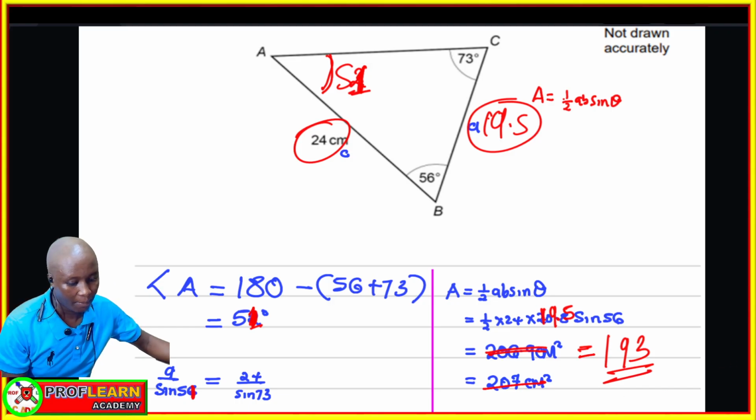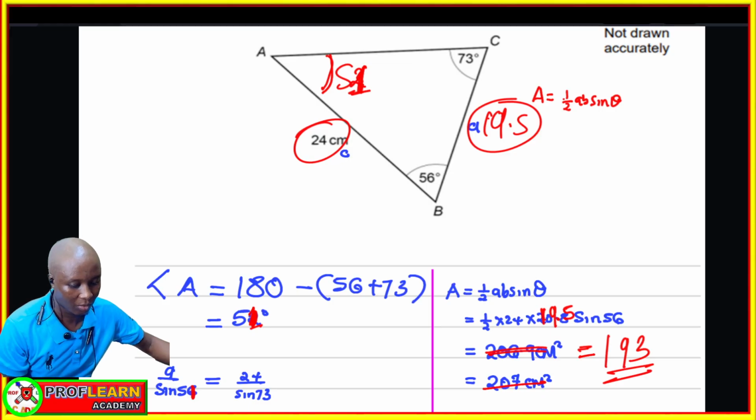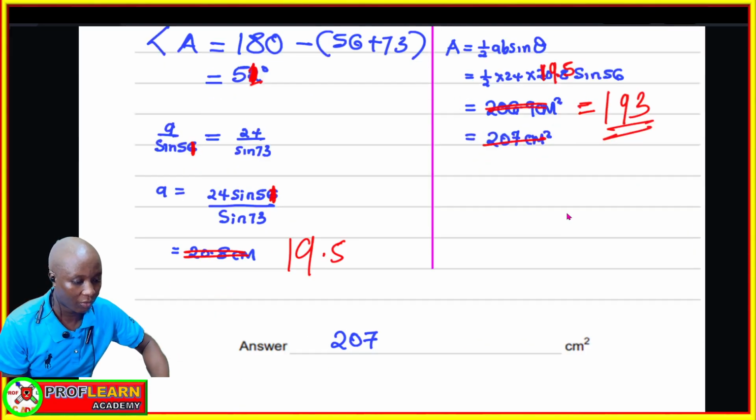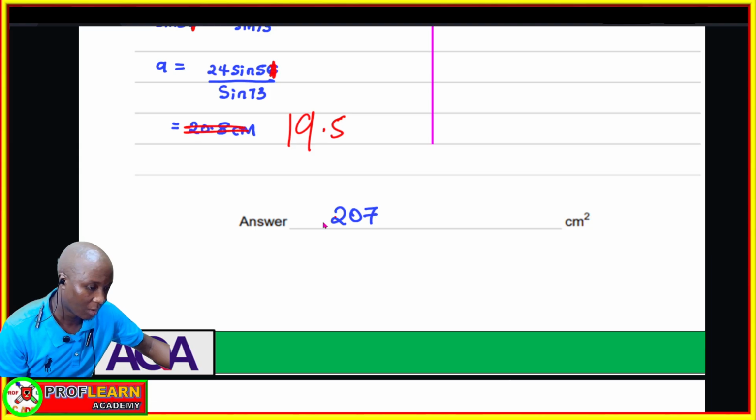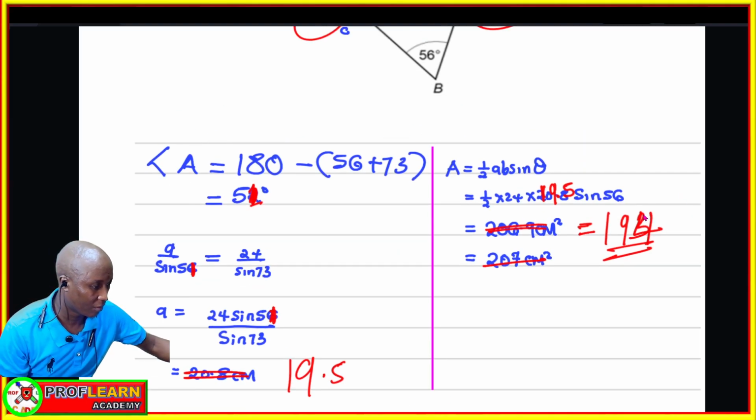So basically I think that was an error that had to be corrected, so that we can be able to move to the next part. So this one, remember, we have converted that. It's going to be 194 because of the rounding off.